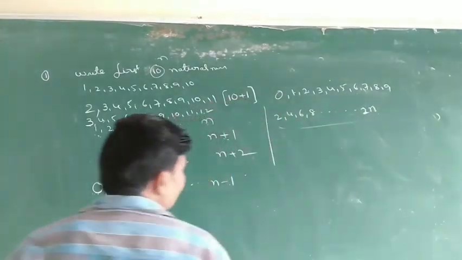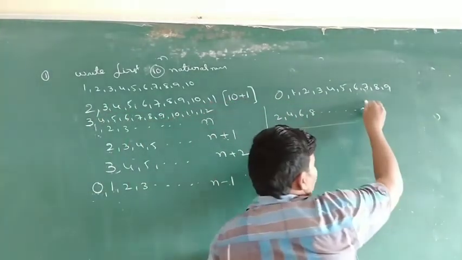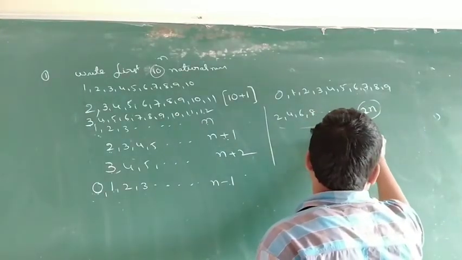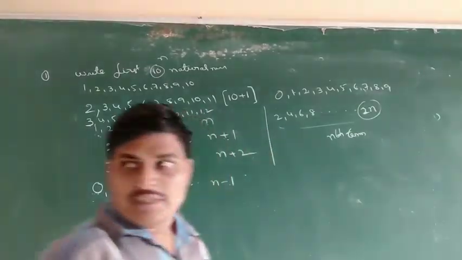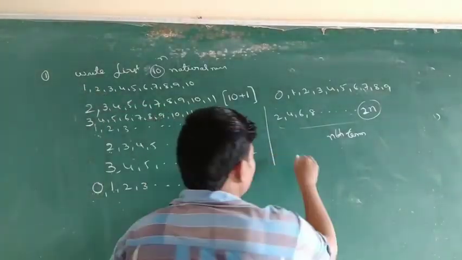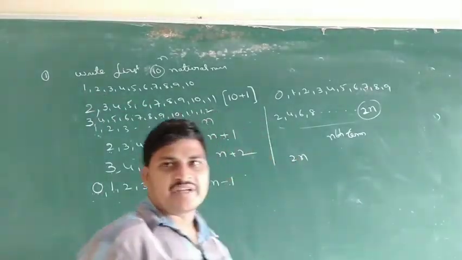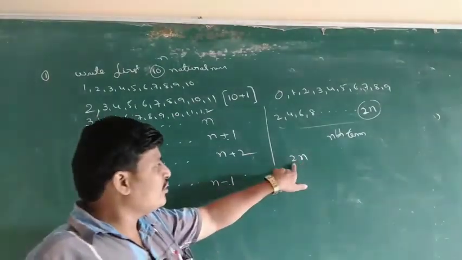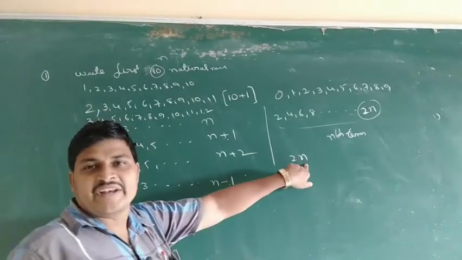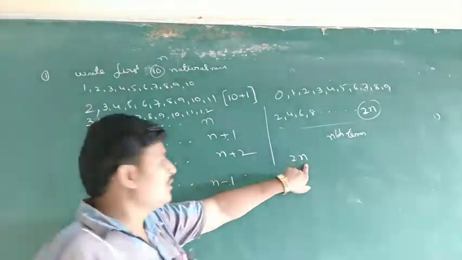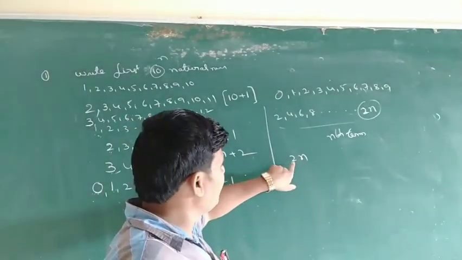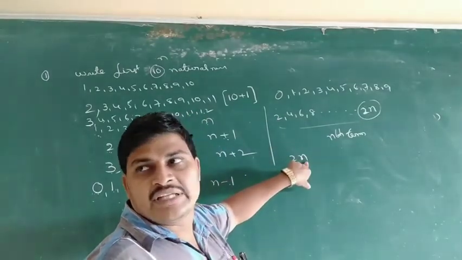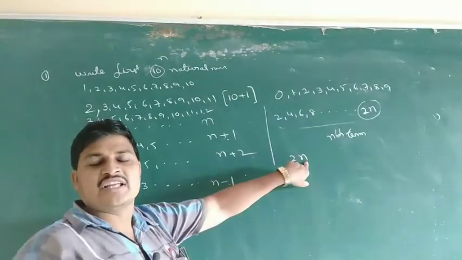Here in the subject, this is called the nth term. In the nth term, put n is equal to 1, which means the first term. n is equal to 2 is the second term. n is equal to n means the nth term.